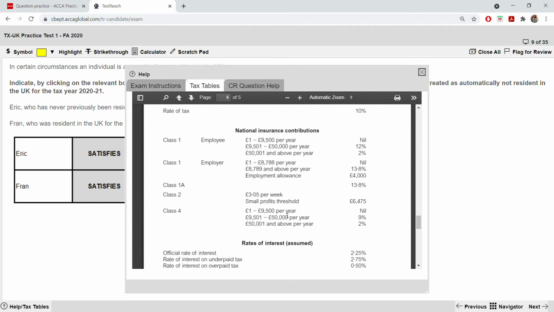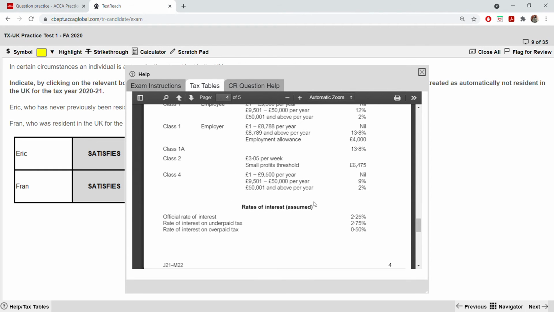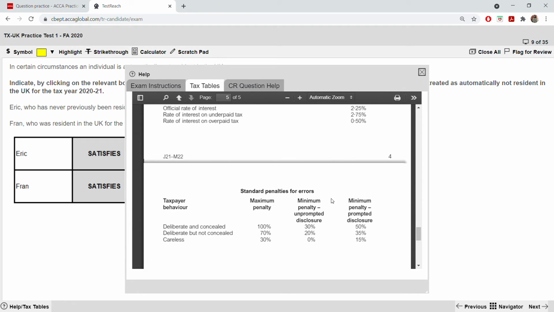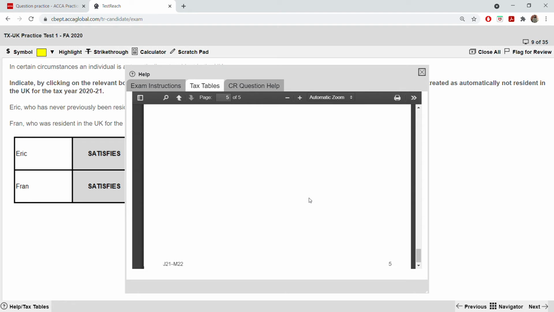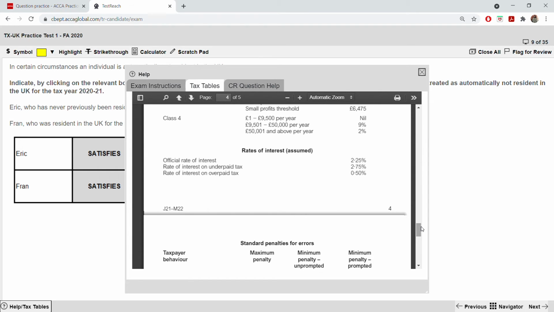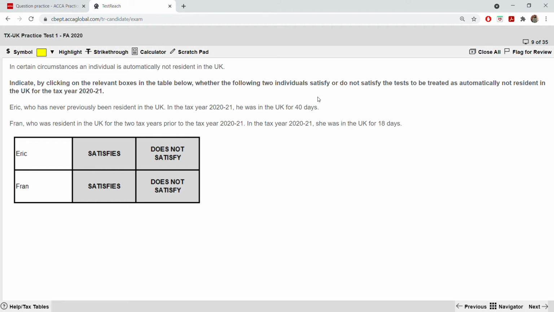The reason why we calculated NIC at that time, you can see the rates here, 9% and 2% for class 4. Then we have the penalties. So these are some penalties for errors. So when you go to the help text table and the tax tables, all the formulas are there, you can see.